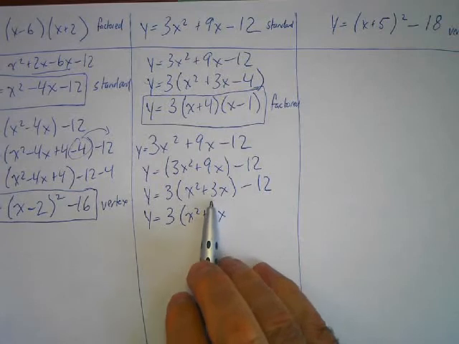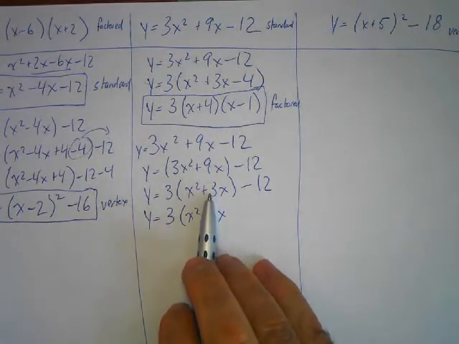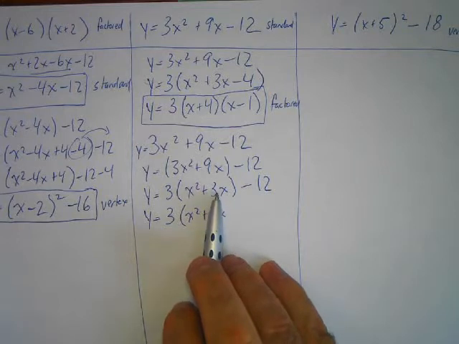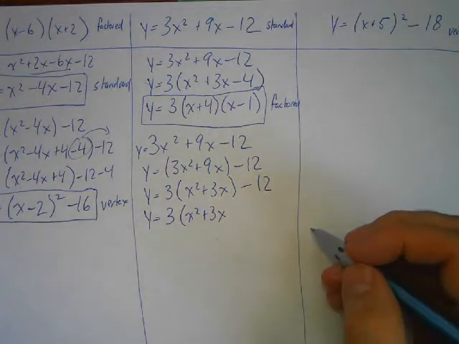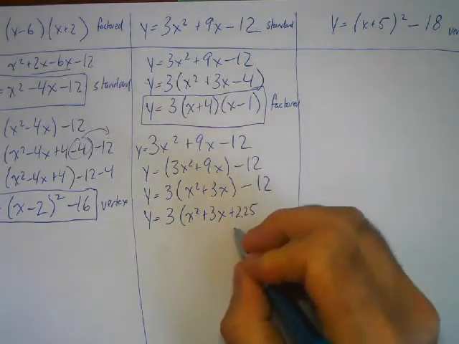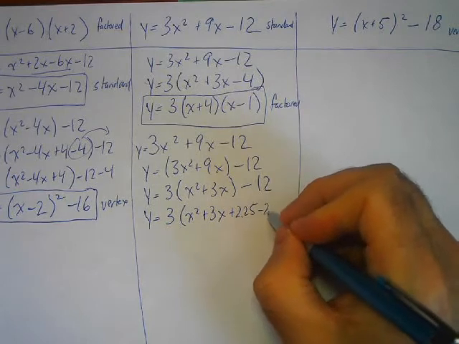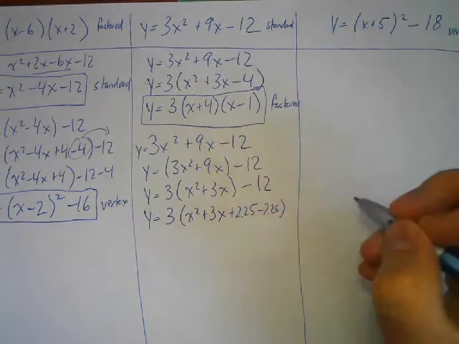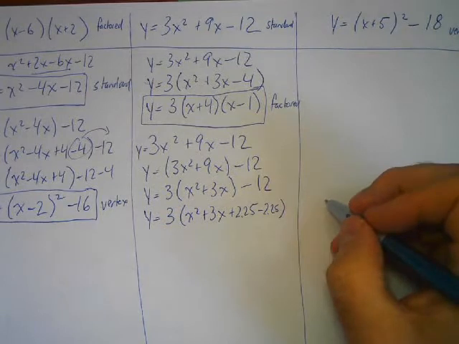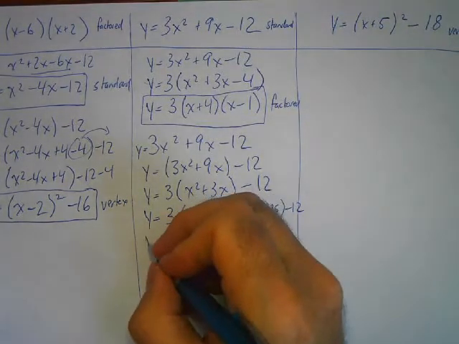Now this is a little trickier because we take half of 3. Half of 3 is 3 halves, or 1.5. And if I square 1.5, I get 2.25. So that's the number I need to make that a perfect square. But again, I have to subtract it to keep it equal. And then we put the minus 12 there as before.